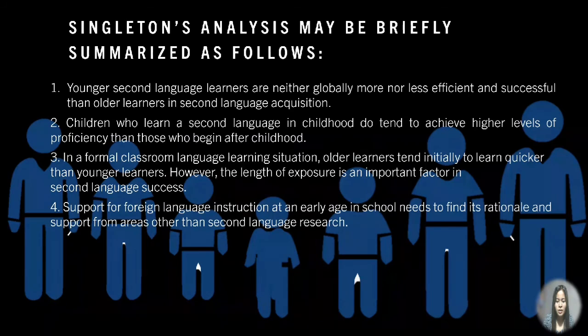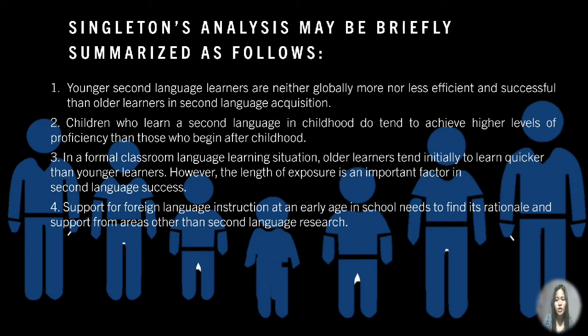Fourth, the support for foreign language instruction at an early age in school needs to find its rationale and support from areas other than second language research. So for example, teaching a foreign language early in the elementary school needs to be defended in terms of general intellectual stimulation, the general curriculum value of teaching a modern language, the benefits of biculturalism, and the benefits of learning a language for as long as possible rather than as quickly as possible.